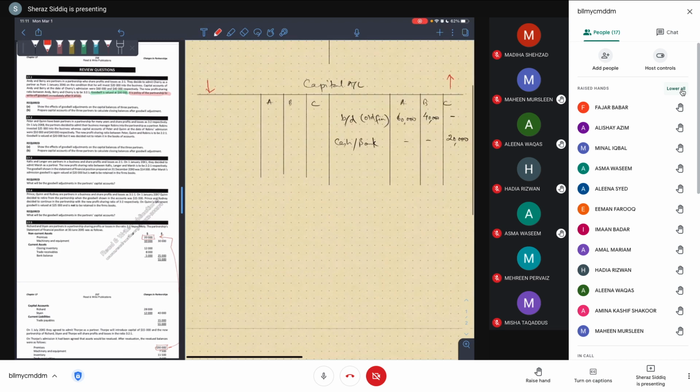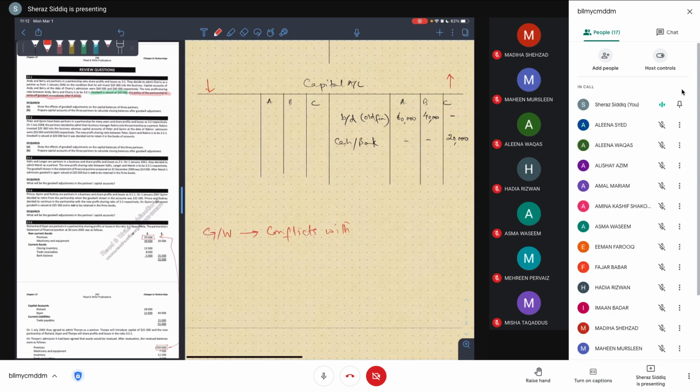And that inherent problem is that goodwill is directly conflicting with one fundamental accounting principle. Can you recall the name of that accounting principle with which goodwill has a conflict? Can you think of one?